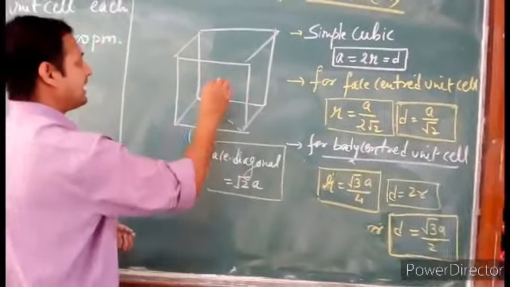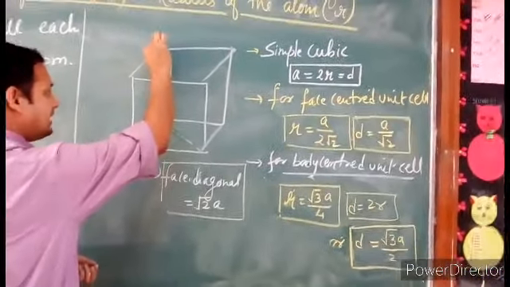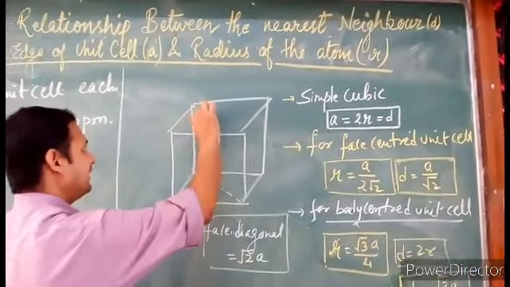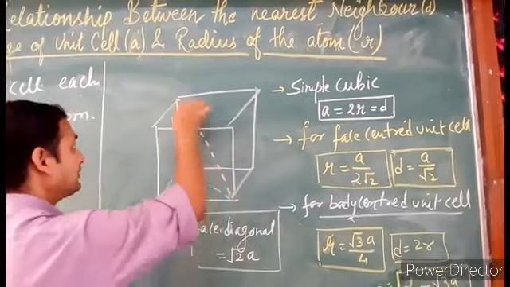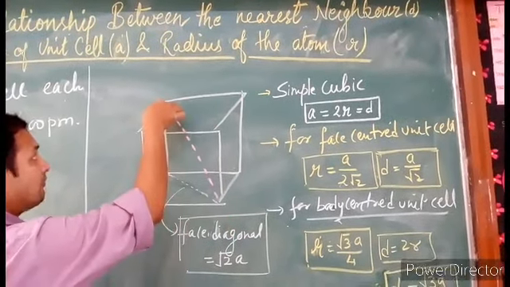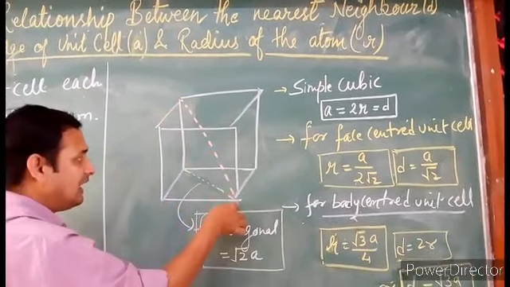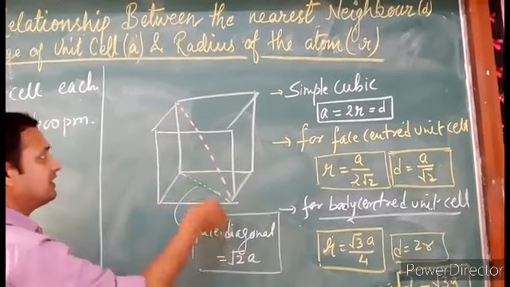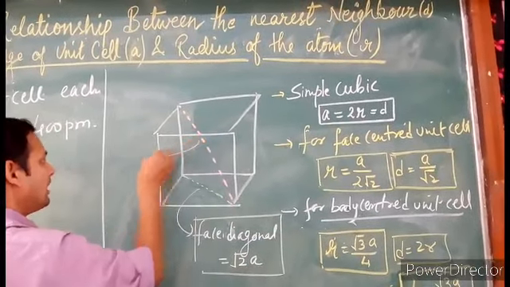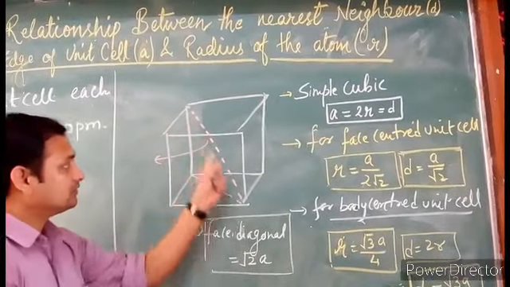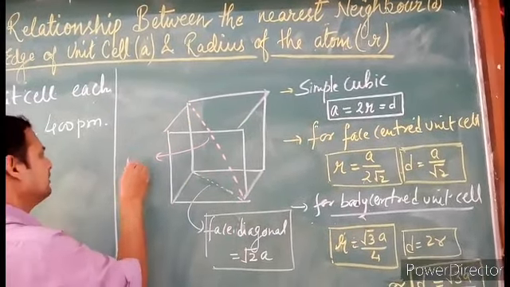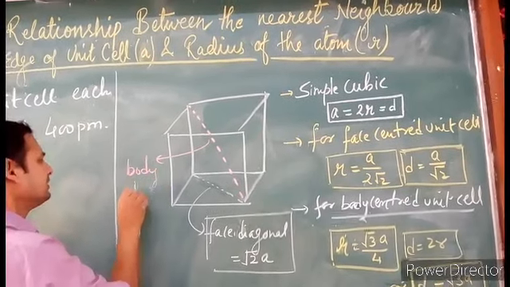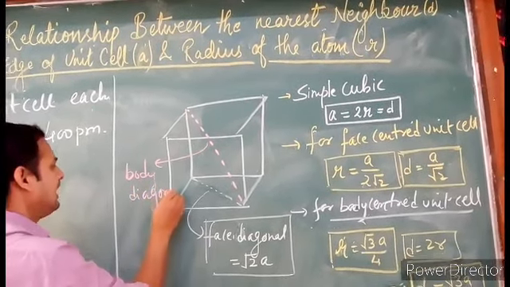And one more thing. Suppose we are drawing a diagram like this. We are drawing a line from this end up to this end, from one end to the other end, touching the line passing through the center. This will be called as what? This will be called as body diagonal.